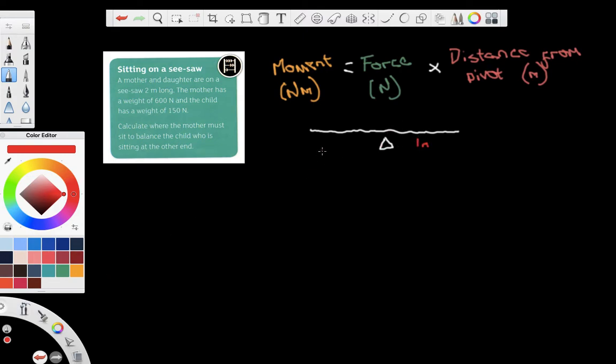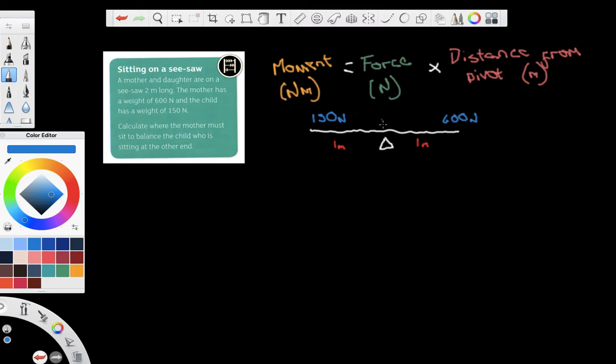The mother has a weight of 600 newtons, so she is applying 600 newtons to one end, and the child is applying 150 newtons to the other end. It's asking, calculate where the mother must sit to balance the child.